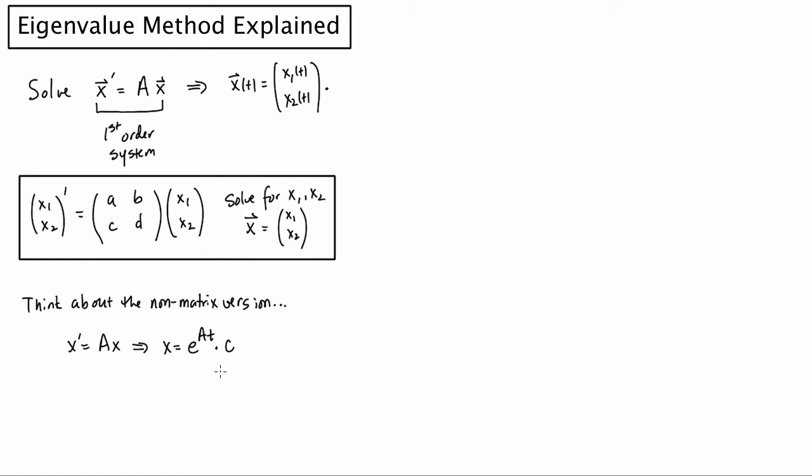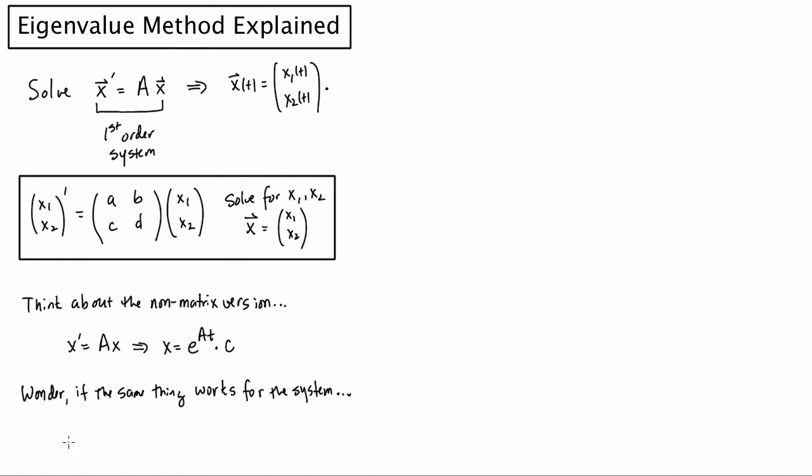And what we wonder is if the same thing works for the system. And that's what we're going to try in this video. We're going to try to do the exact same solution for the system.